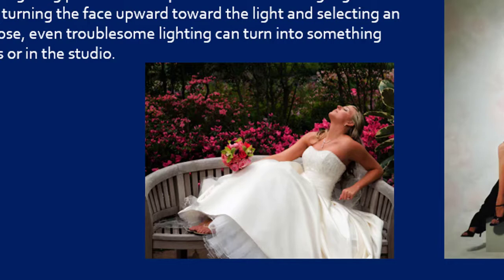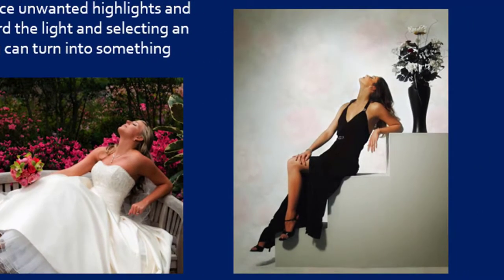I can also reproduce that same look in the studio. Here I've done it by using a strip light overhead, which would normally be a hair light if the subject was looking at the camera, but now it's being used as a main light as it's coming down and lighting the subject from above. We've already talked a bit about the fill light in Section D, but here it shows up again in Section E.